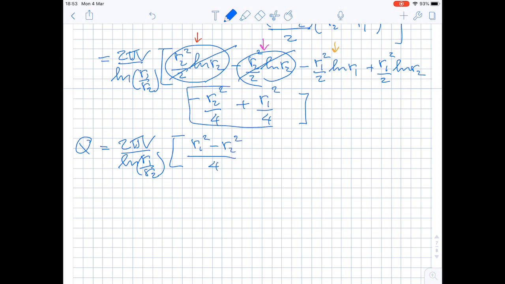I take these two terms together, subtracted by these two terms together, combined, you get R1 square over 2 logarithm of R1 over R2. So this should be your volumetric flow rate.